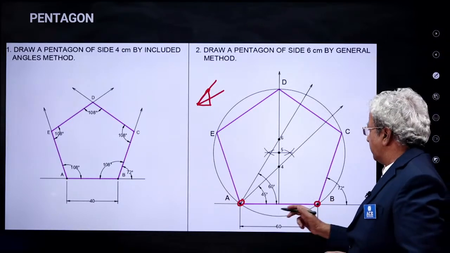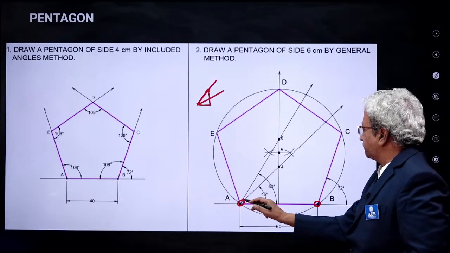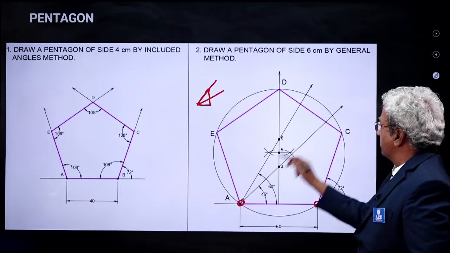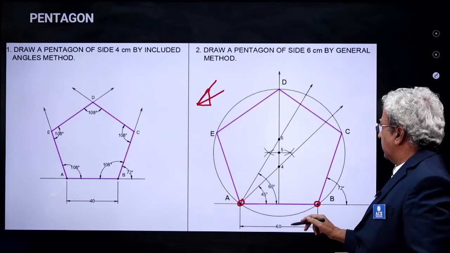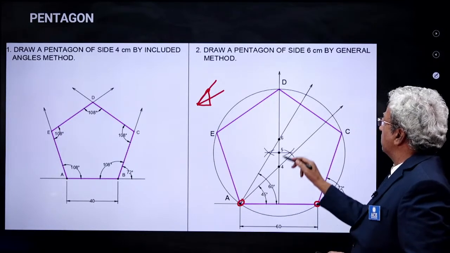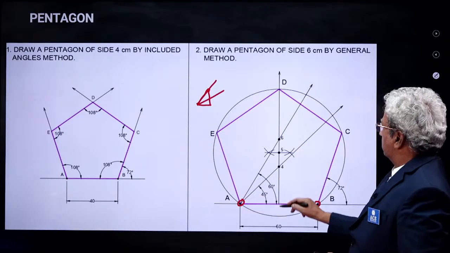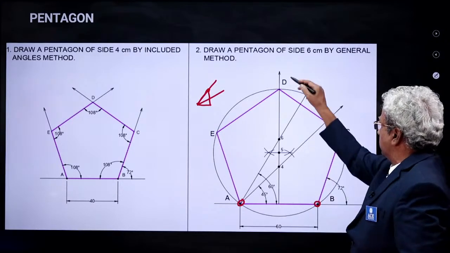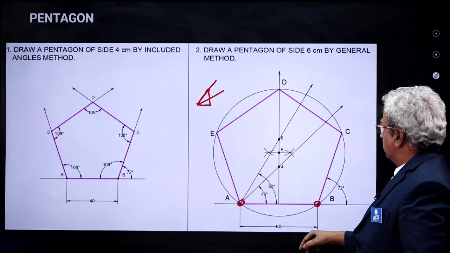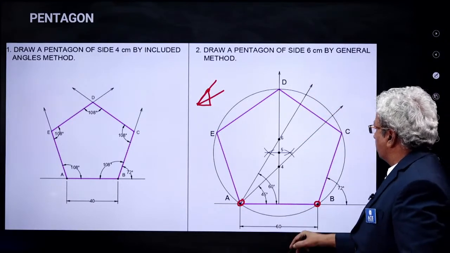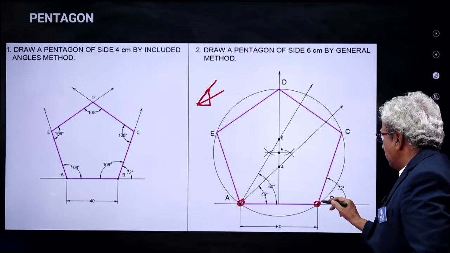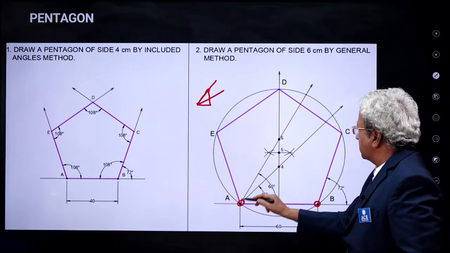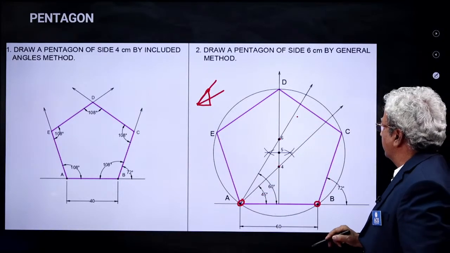Mark A and B. Then from point A, we draw a 45 degrees line and a 60 degrees line, and we also bisect line AB so that we get a midpoint perpendicular. This midpoint perpendicular of line AB is intersected by the 45 degrees line here and the 60 degrees line here.